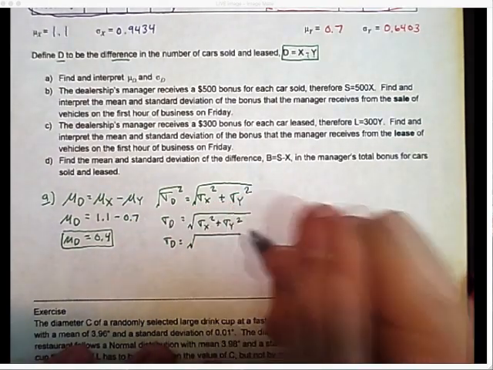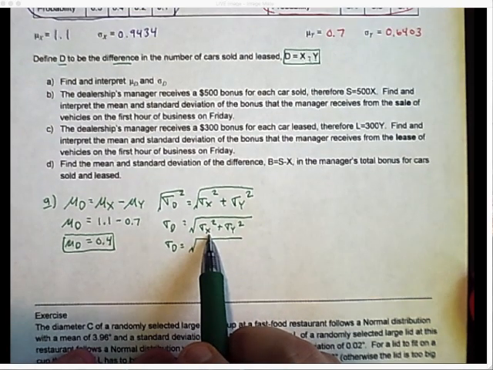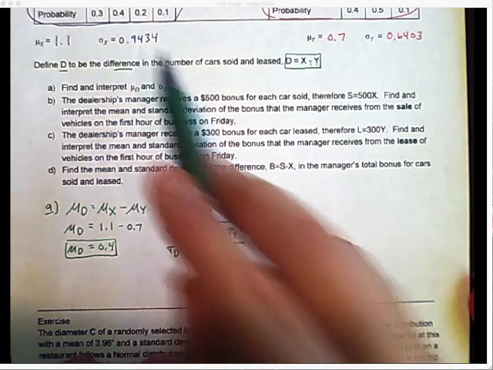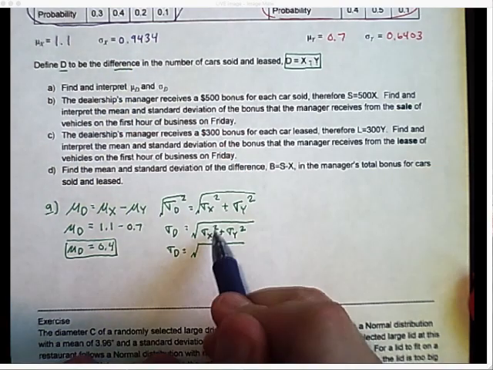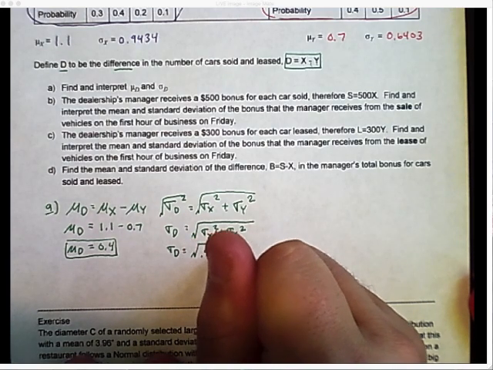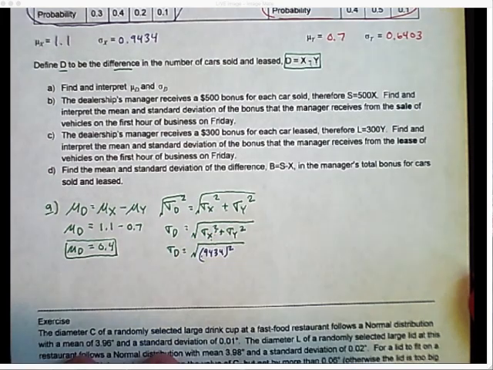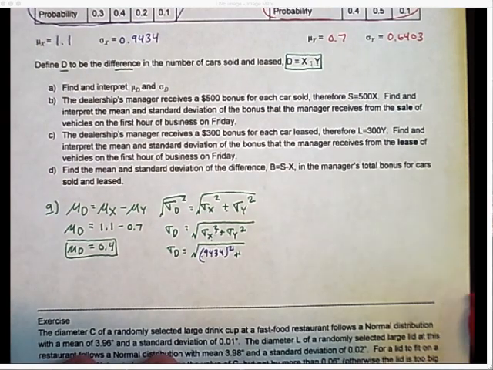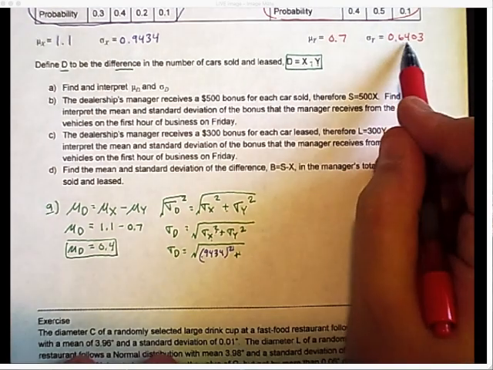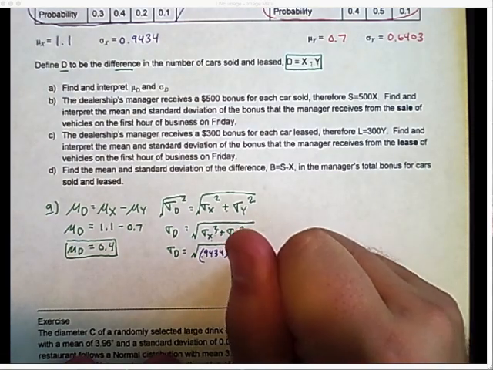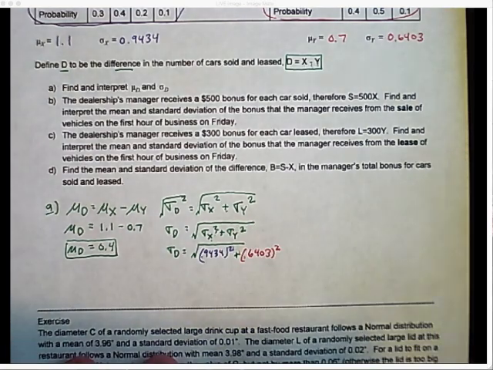All right, so how do we do that? Sigma sub D. Well, what was sigma sub x? Sigma sub x was 0.9434, but that was a standard deviation. Here I need a variance. So I need to take that 0.9434 and square it to make it into a variance. And then I need to add the variance of y. The standard deviation of y was 0.6403, so to make that into a variance, I have to square it.